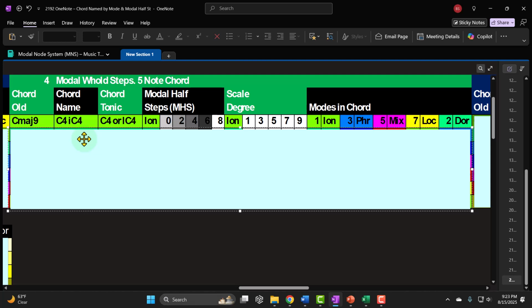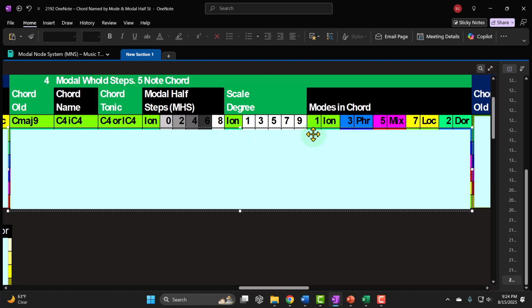Why? Because then it would be 4 modal half steps up, or it's a 5-note Ionian chord. You just skip every other node, meaning it starts at 0, then you go 2 modal half steps up, 2 shades of gray, and then 4 modal half steps up, or 2 from there, and then 6 modal half steps up, or 2 from there, and then 2 more up to get to the 8, which I don't have a shade of gray for because 8 would take us around the circle back to the beginning.